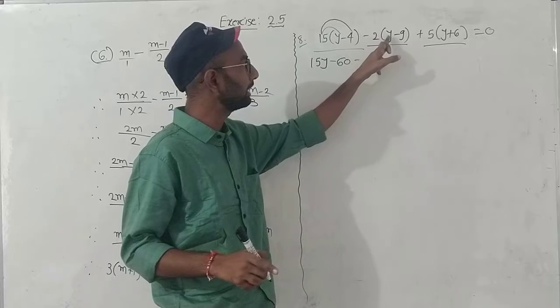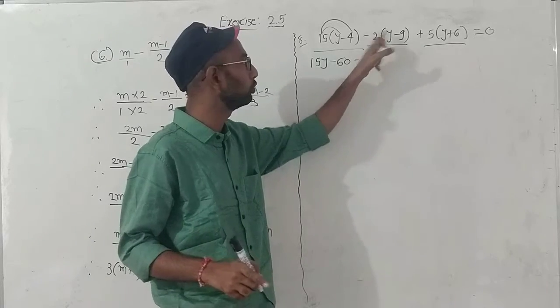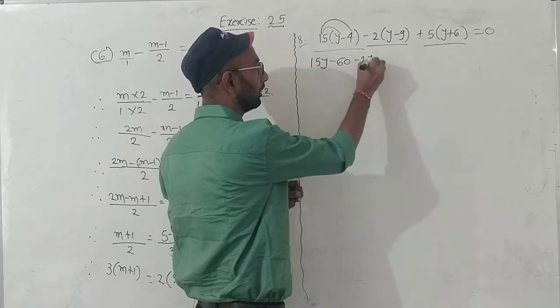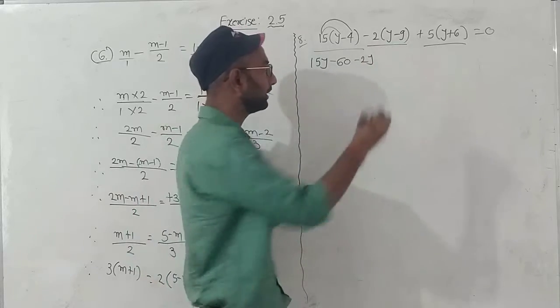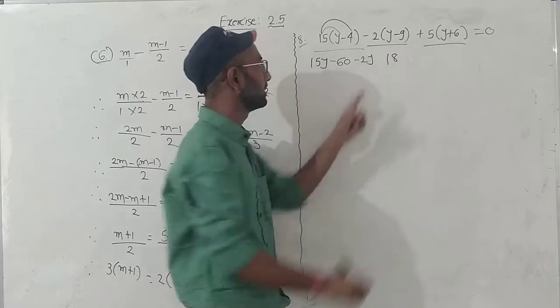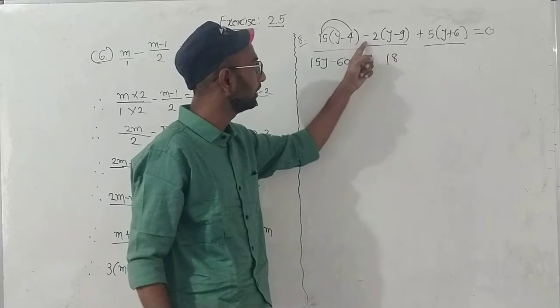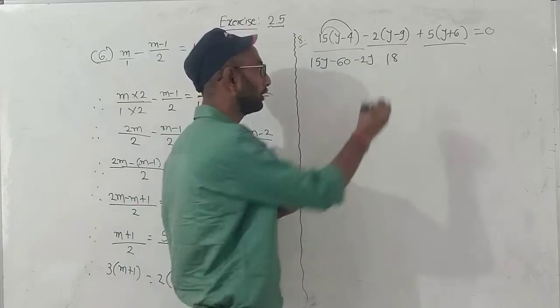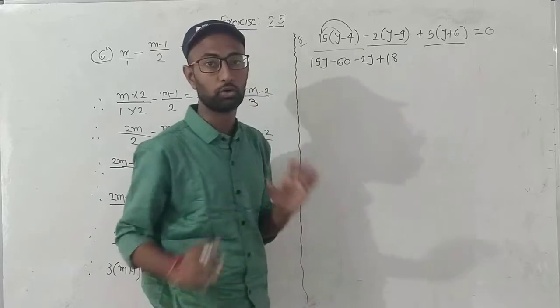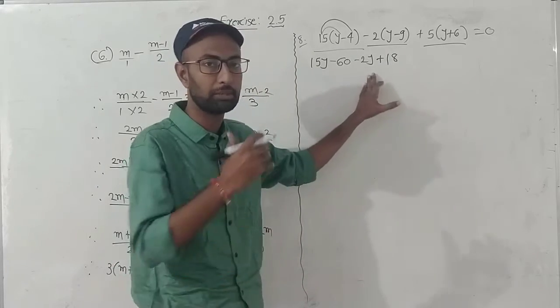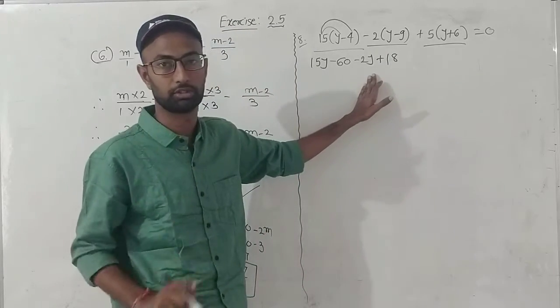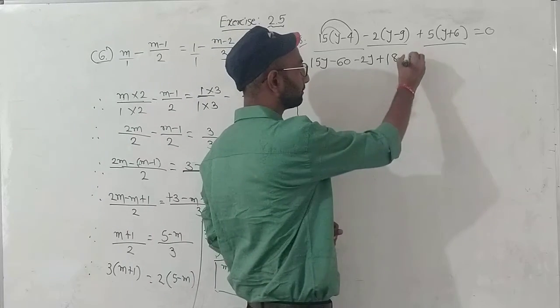So 2 का multiplication y के साथ it will become 2y and 2 9s are 18. But here sign will be changed because here it is minus sign, here it is minus sign. So it will become plus sign. Don't make a mistake while you are removing the bracket. It's very important. Okay. Next.